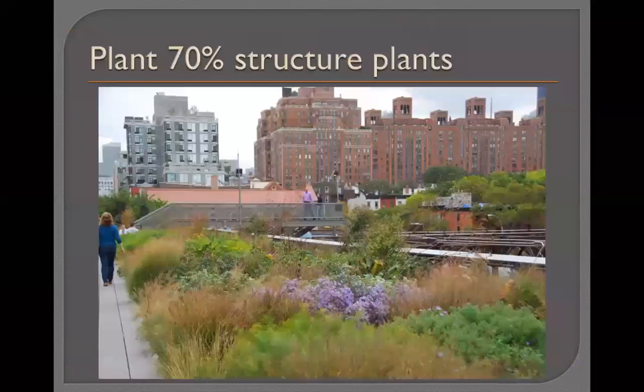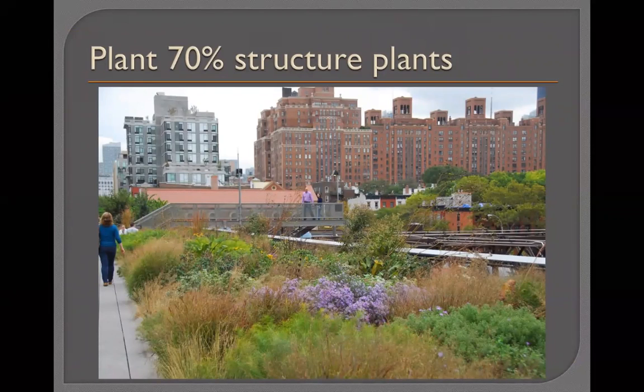The other thing to think about is the 70% structure plants. And this can be taller perennials, grasses, some of your native grasses, like some of the switch grasses, like little bluestem, like Blonde Ambition blue grama grass. These are great structure plants.